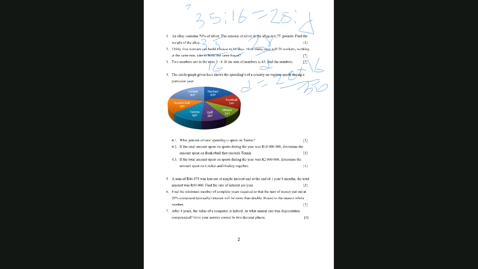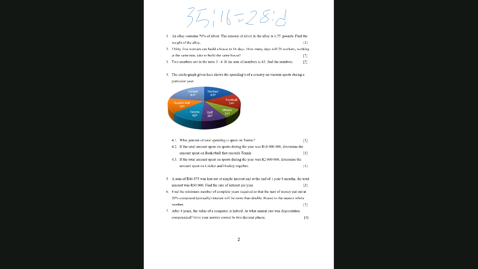I said you can also use ratios to answer this question. Is that clear? You can also use ratios by saying that if 35 is to 16, then 28 will be is to D. Have you seen that?